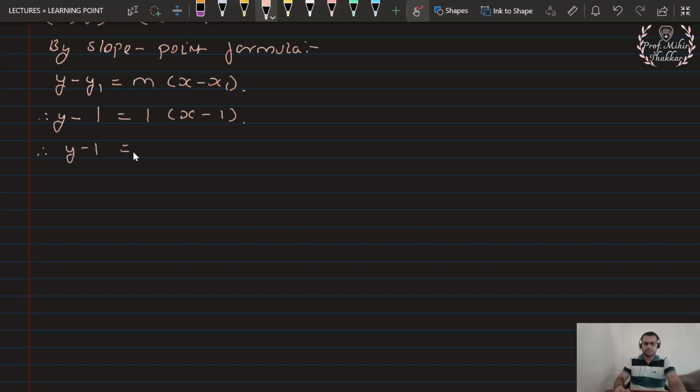Therefore y minus 1 is equal to x minus 1. So in that case, minus 1 and plus 1, they get on the same side, it will get cancelled off. Subtract this y on the opposite side, so I get the equation as x minus y is equal to 0.